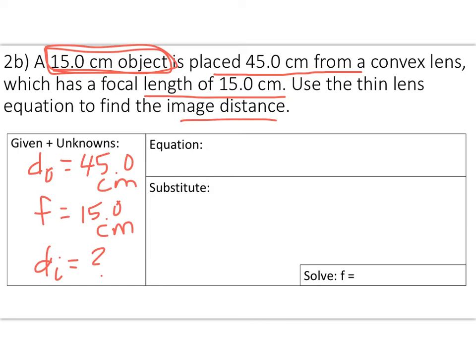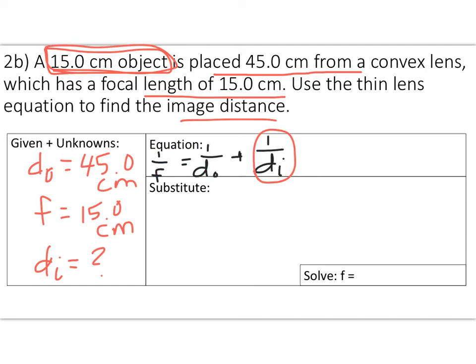So when you go back to your equation, 1 over f equals 1 over dO plus 1 over di. Well, I want my di all by itself. I want this alone. So I'm just going to subtract my 1 over dO from my 1 over f.